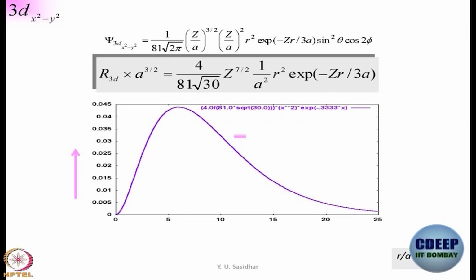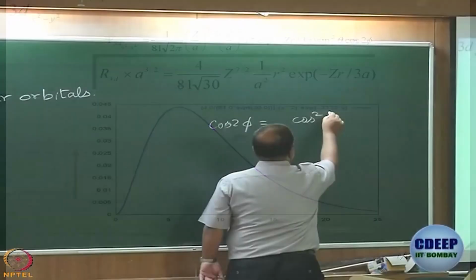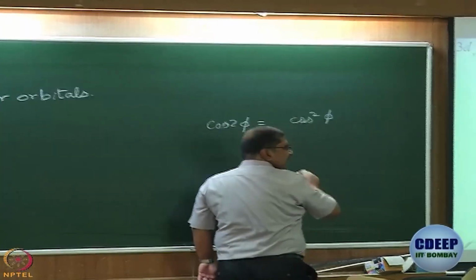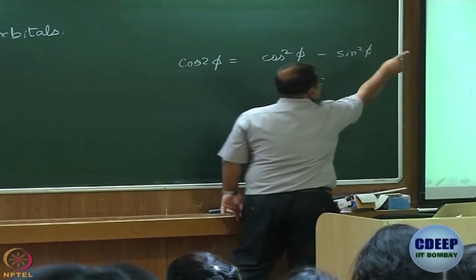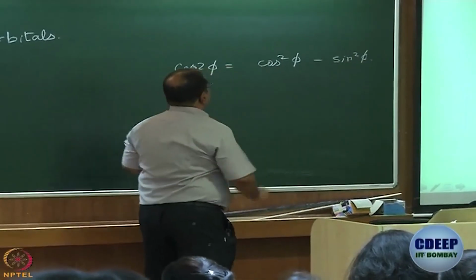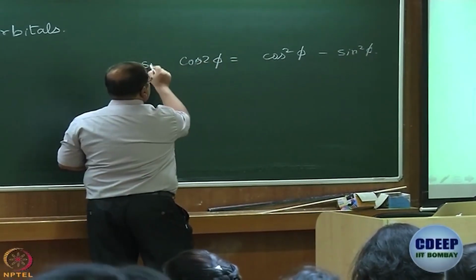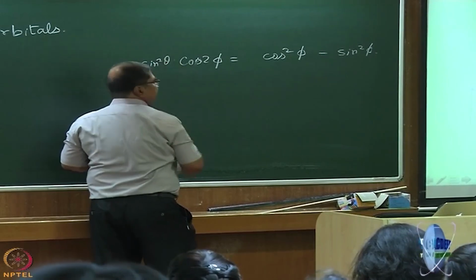Now, what is cos 2 phi? How can I write cos 2 phi? Cos square phi minus sin square phi. What do you have in the wave function? You have cos 2 phi multiplied by sin square theta. Okay.